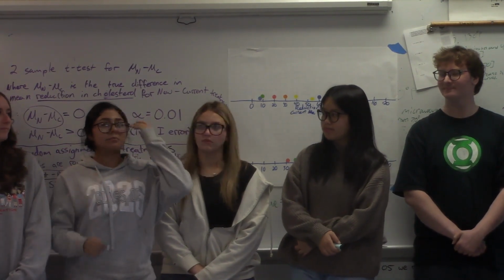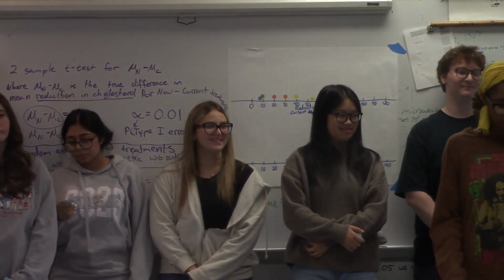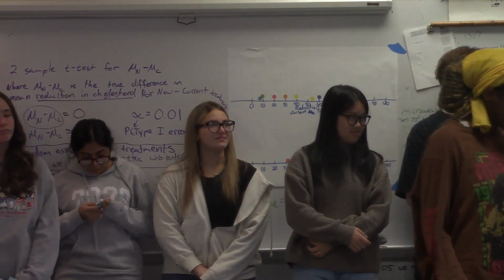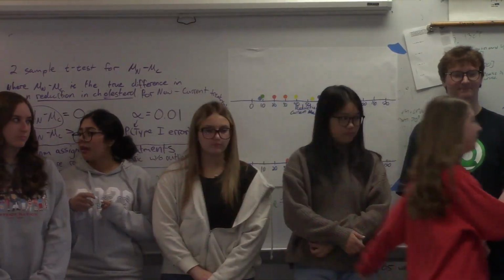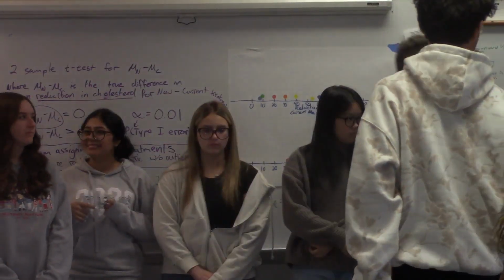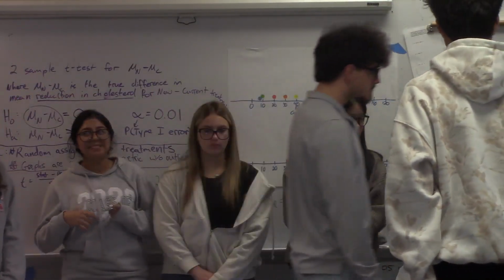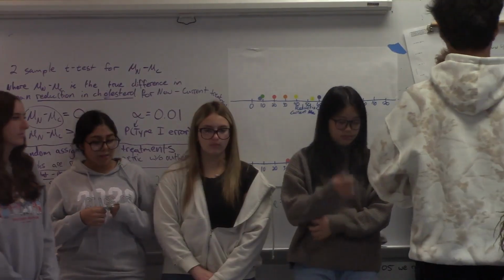Come get your cards. And then redo this with your yellow pieces. Current, new. Alright. Let's see, Raina, you are the new treatment. And Madeline, you're the current. Charlie, you're new. And Andrew, you're current. Okay? Sophie, you are new.